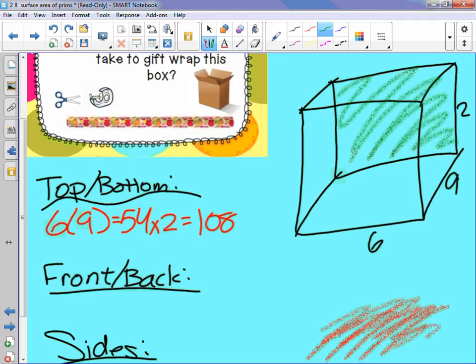On here, what is the area of my back? Well, if this is 6, then that means that this is 6. So 6 times 2 is 12. So that's the area of one of the faces.